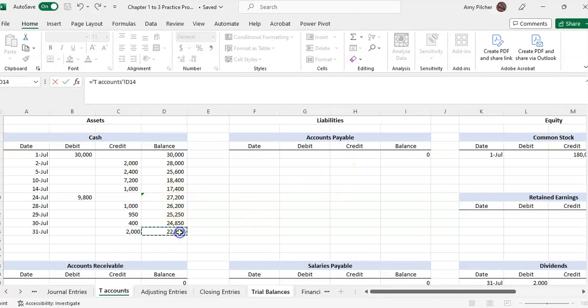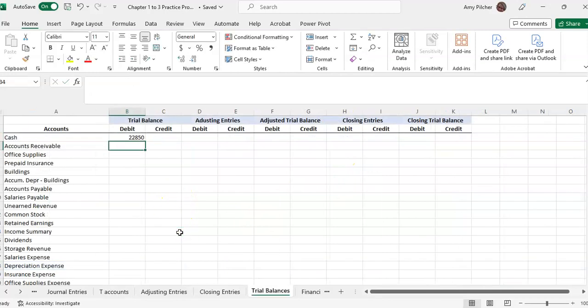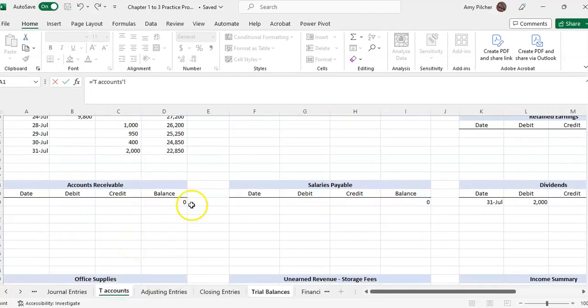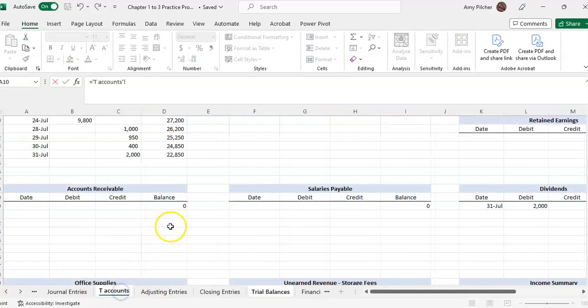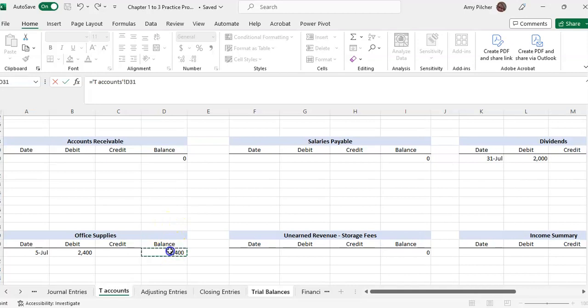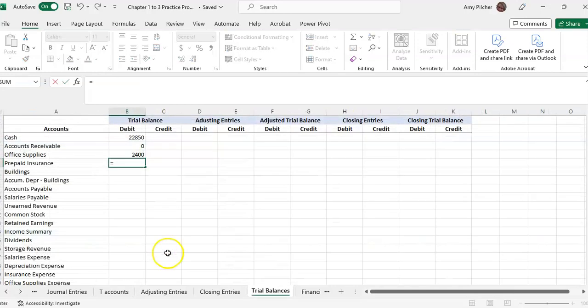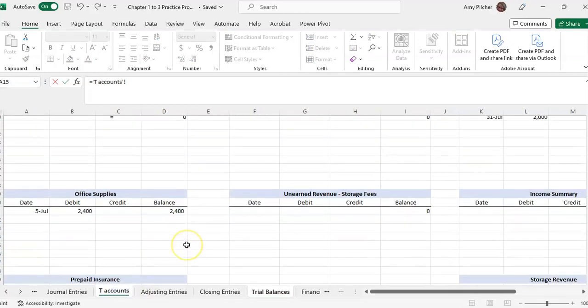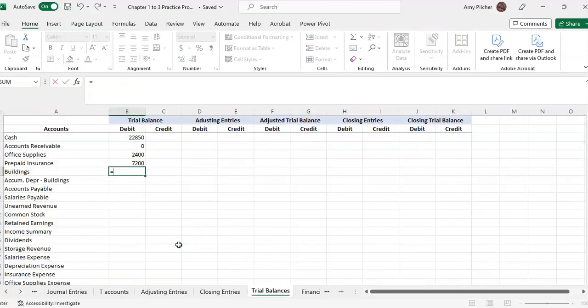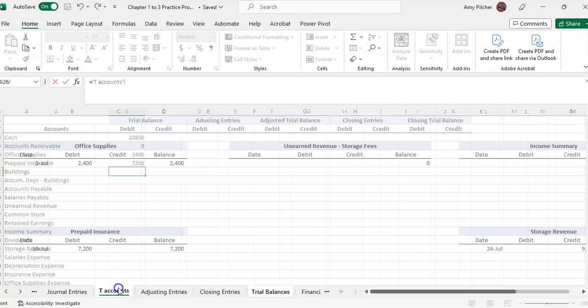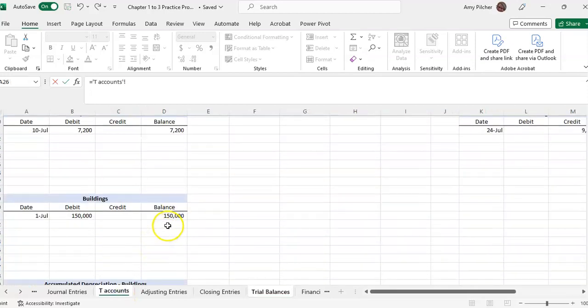So we have the balance in cash. We have our balance in accounts receivable, 0. Balance in office supplies is 2,400. Balance in prepaid insurance, and we're just going to go through each one of these accounts and pull the balance from our T account.